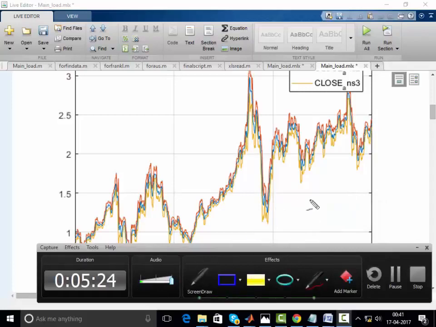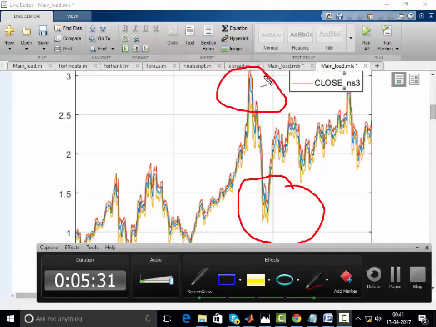So, my friends, when you see a downfall like this and an upfall like this, every stock, every market, the pricing has certain limits, that it can go up to this and go down to this.